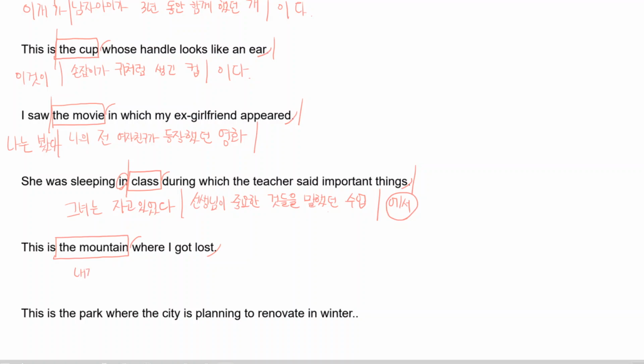내가 길을 잃었던 산. So from here to here means this, right? So this is 이 산이 내가 길을 잃었던 산이다. This is what this sentence means.